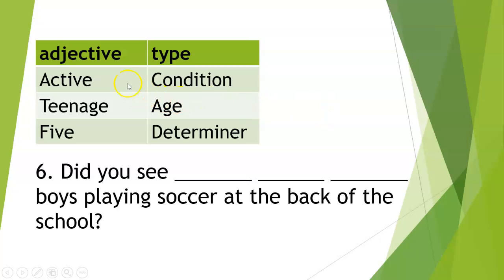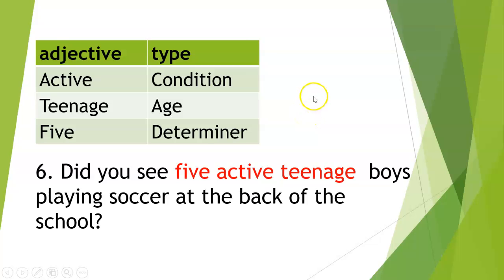So in this example, active is the condition of the boys. Teenage is age. And 5 is a determiner that will go at the beginning of the sentence. So it will look like this. Did you see 5 active teenage boys playing soccer at the back of the school? At the back of the school, sorry.